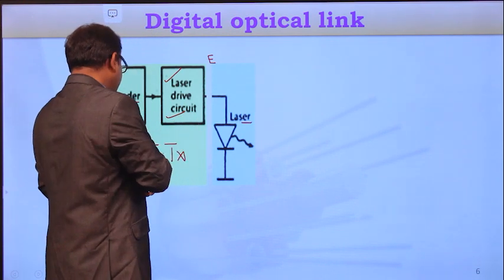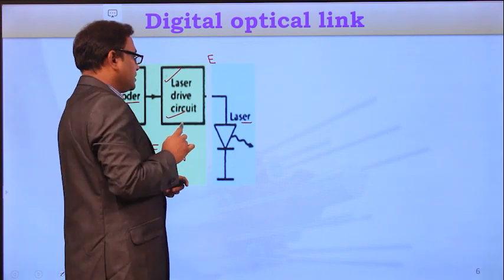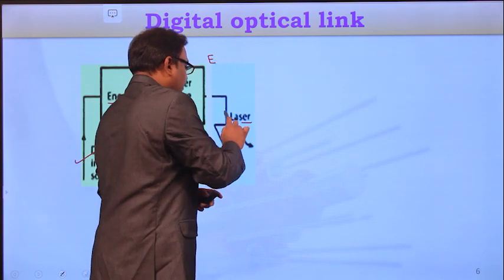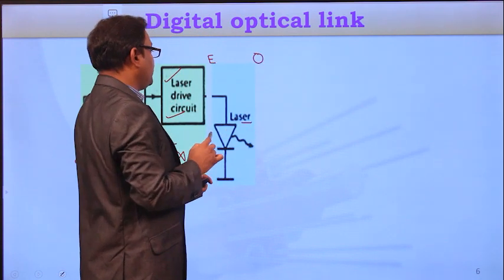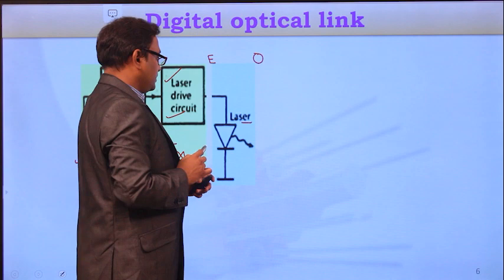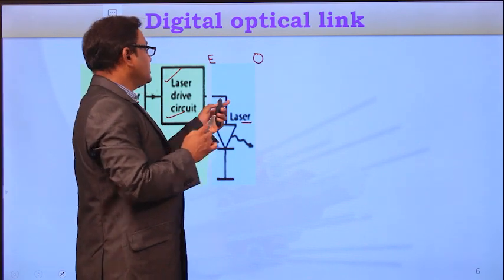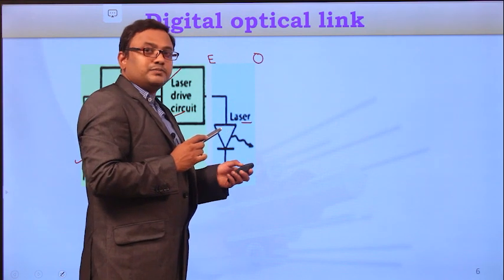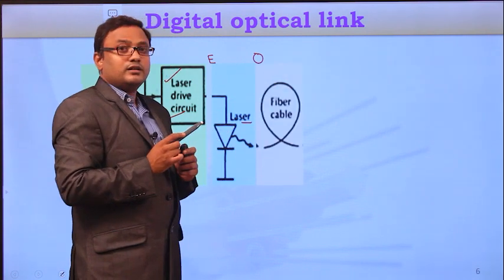The digital encoded electrical information will be converted into optical or light form in the optical source section, and then this optical signal must be connected to the channel.